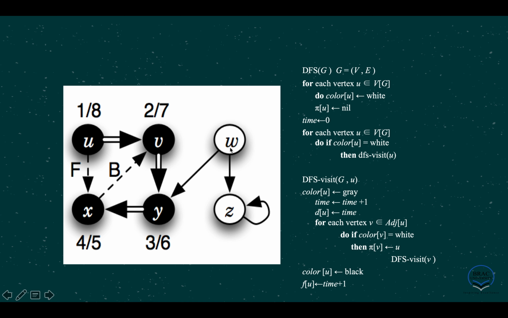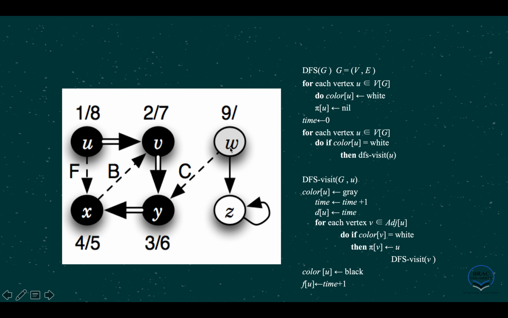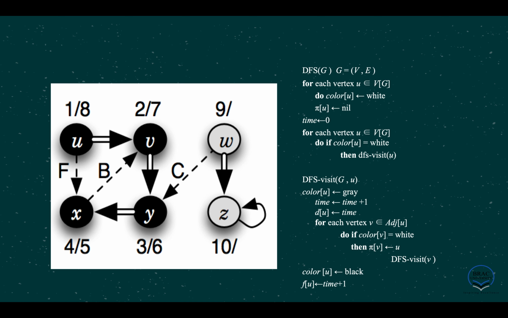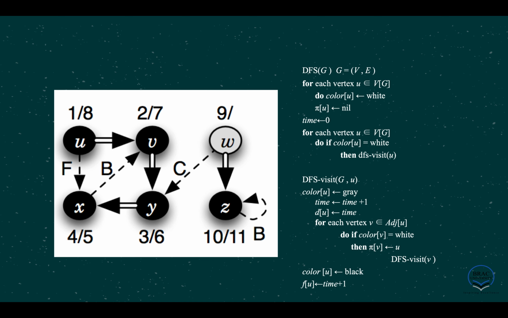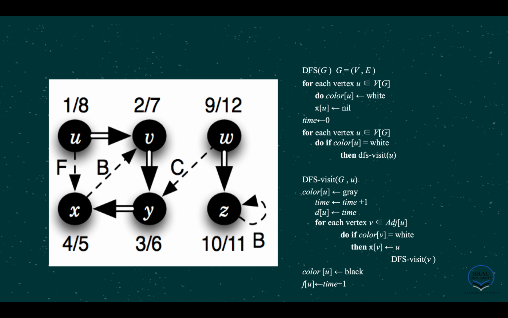So we start from here again. We label it 9, and then we go to its adjacent vertex, which is z, and label it 10. Then obviously we have to come back, so we label it 11 and color it black, and then we go back to w again and label it 12.